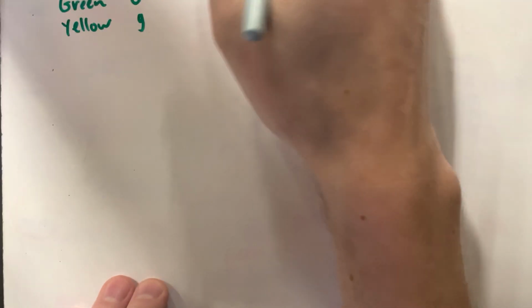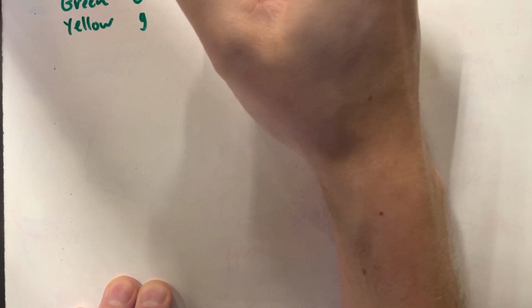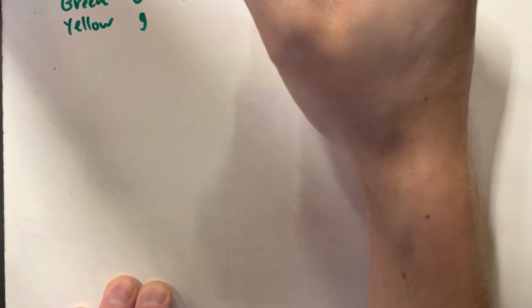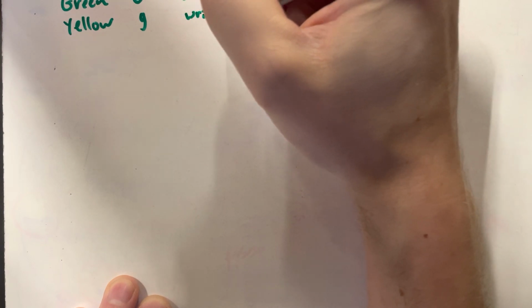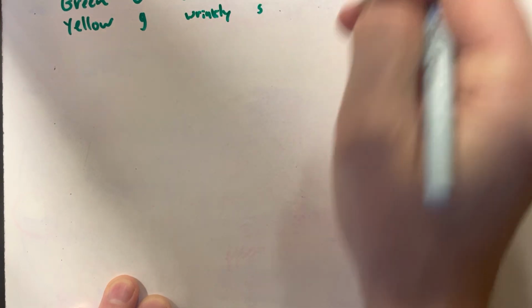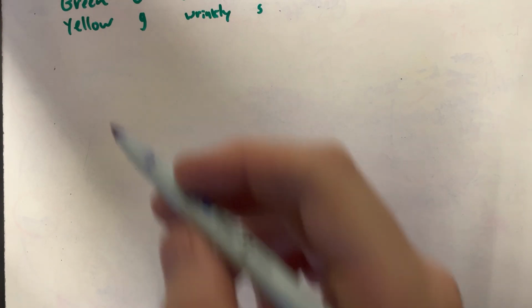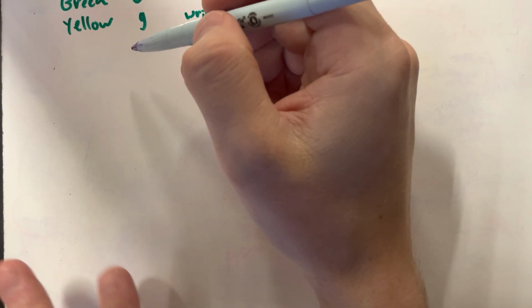So it can be green and yellow. You can also have smooth, which we'll do with a big S, or wrinkled, which is a little s. And in this situation, this is what we're going to call linked traits.